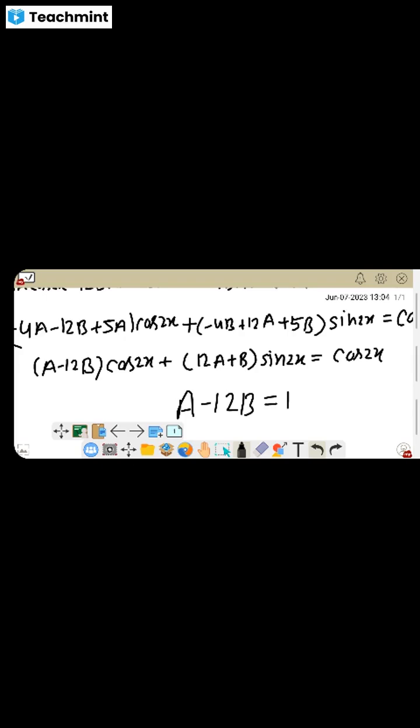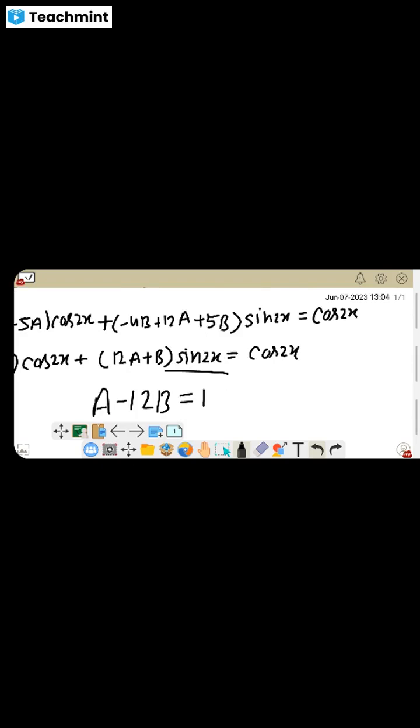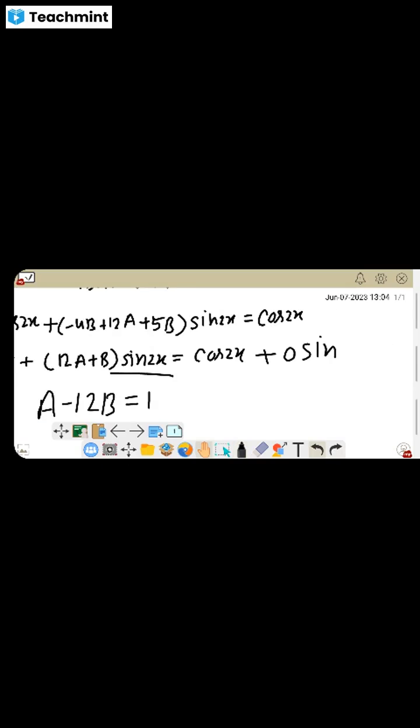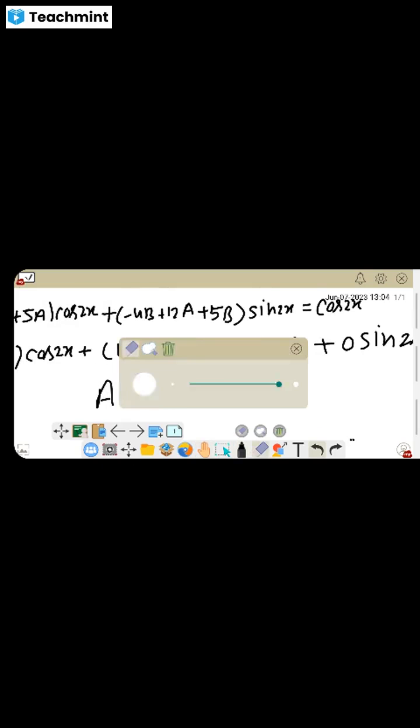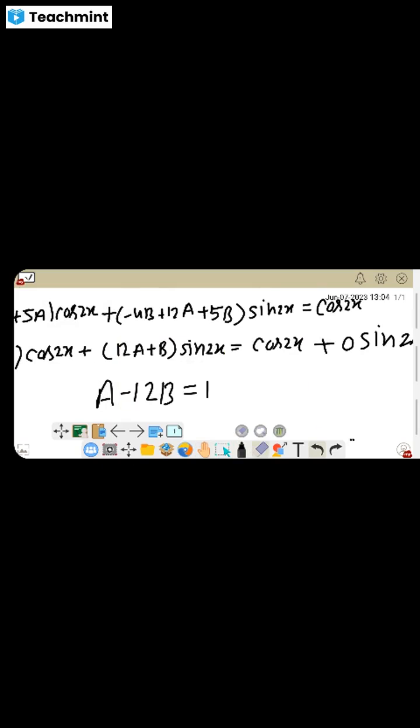But on the right side we don't have a term of sine 2x, so we can consider the coefficient of sine 2x also. This 12a plus b is equal to 0.